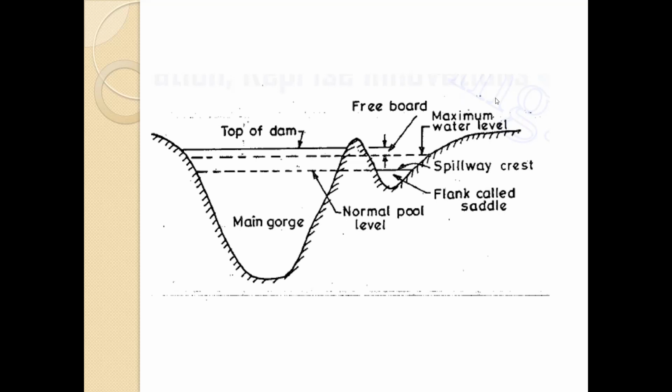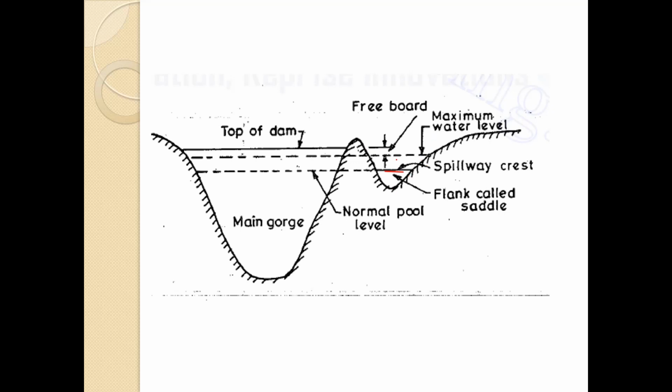Suppose this is the top of the dam, and this is the spillway crest. So we can allow the water to flow when it rises from this normal pool level. This crest is provided separately because we have the hill in between and we have the space available for the spillway.